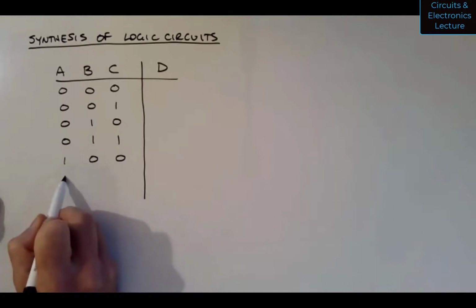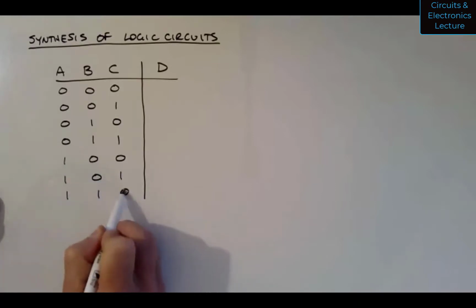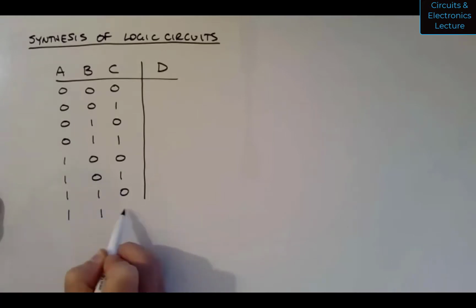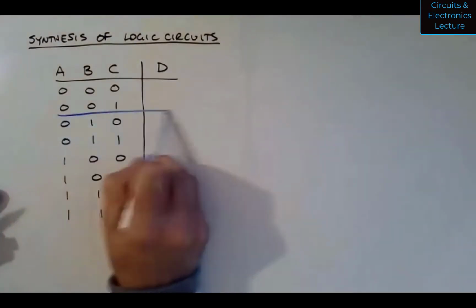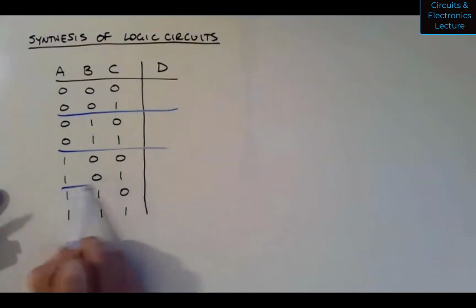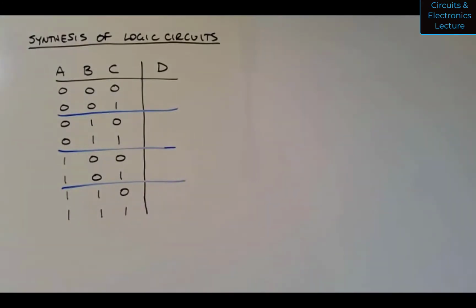So 1, 0, 1. Okay, something like that. And then I'm going to draw some lines here to keep my values all straight. No significance to those lines other than just dividers.